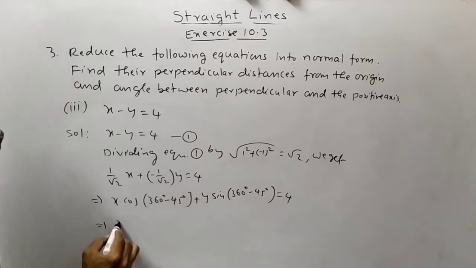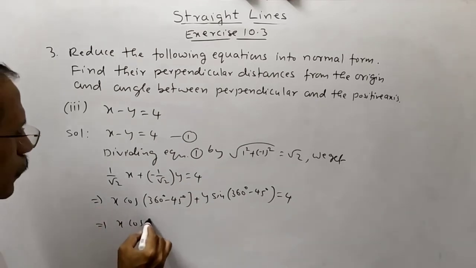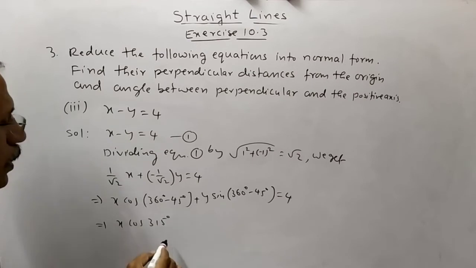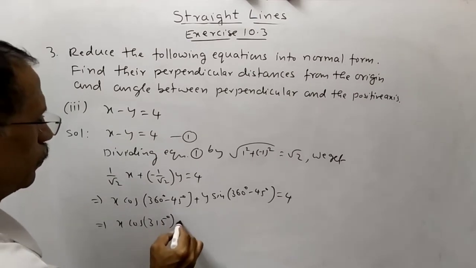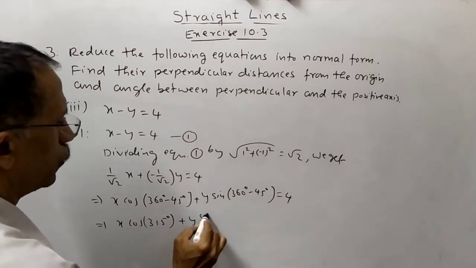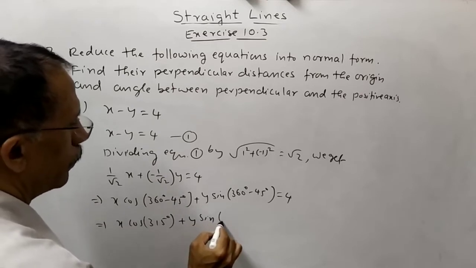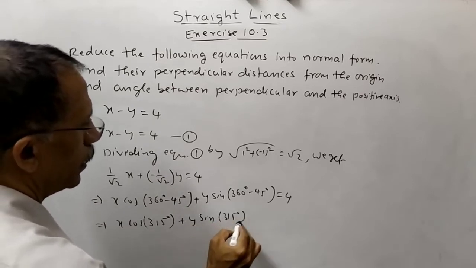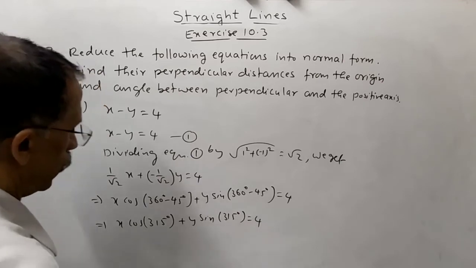This implies x into cos 315 degree plus y into sin 315 degree is equal to 4.